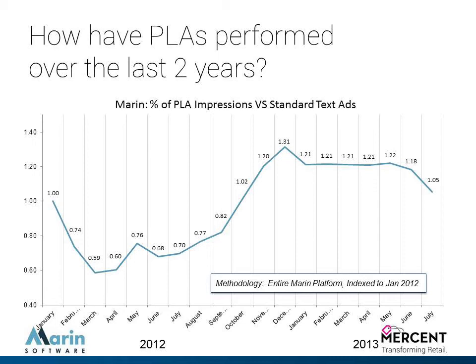However, since then, PLA impressions have stalled and somewhat dipped, decreasing 2% in June and subsequently 13% in July compared to January of 2013. Now, there are a lot of reasons why this may have occurred, and 2 that stand out are that in July, Google successfully transitioned to enhanced campaigns, and with that, a number of changes occurred that definitely altered the paid search landscape.